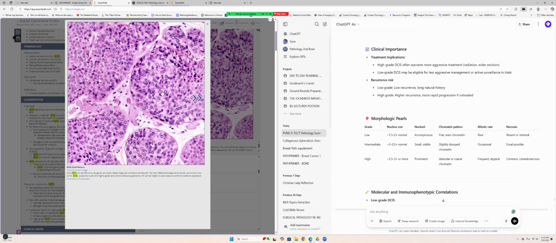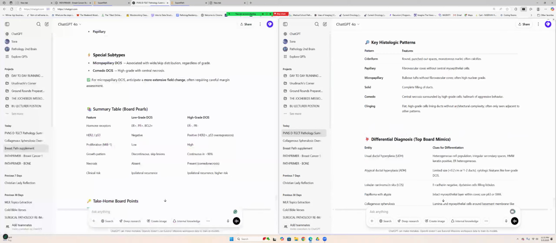What other thing is a very classic association with high grade DCIS? Comedo type. Microinvasion? No. Microinvasion is already carcinoma. What is microinvasion? Define microinvasion. You just see some cluster of cells within the stroma, invading the stroma, less than 1 millimeter of extension from the DCIS.